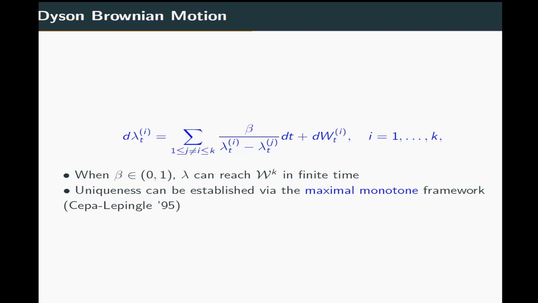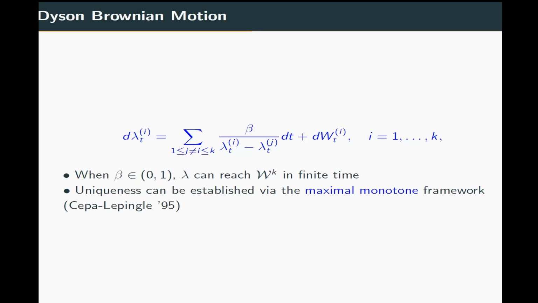This maximal monotone framework doesn't just give you existence in law, it gives you pathwise uniqueness of this process. I will come back to this because I'm going to give a more general framework, and I didn't want to define all of the maximal monotone and come back again. Please feel free to ask more questions. But did I answer your question?